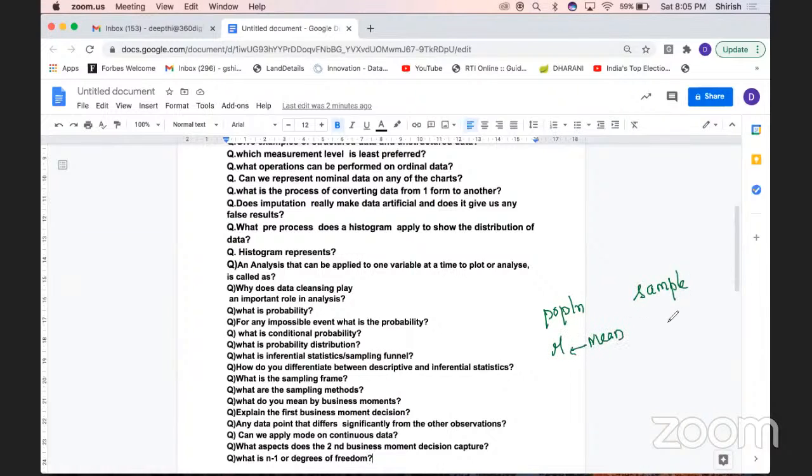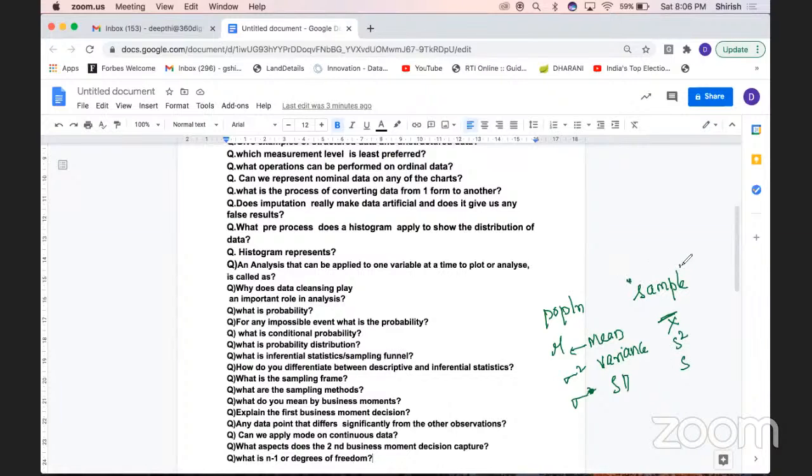For the sample, you call it X bar, right? Then when you talk about variance and standard deviation, it is sigma square for the population. Here the variance is S square, and here it is S, right?